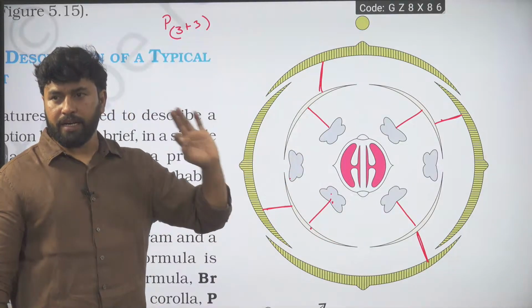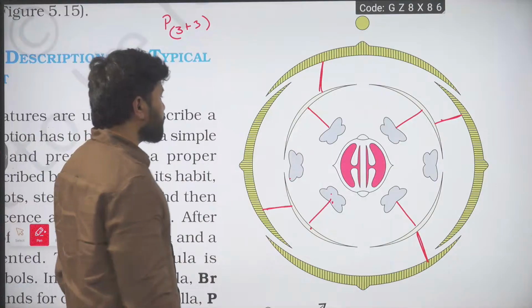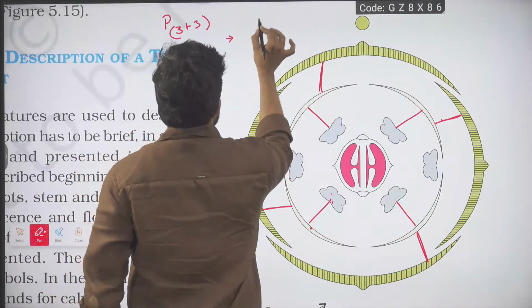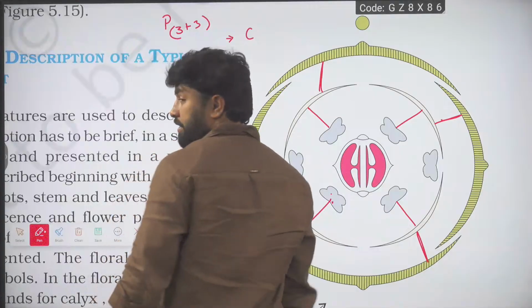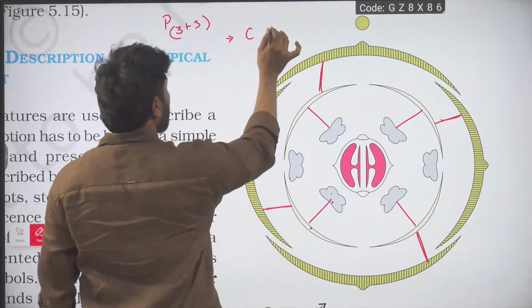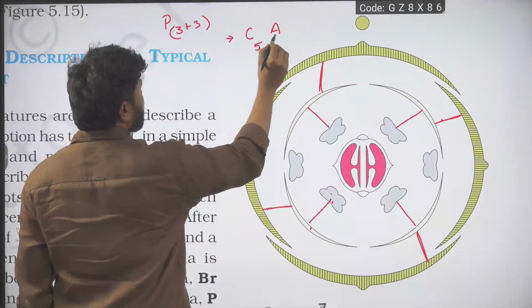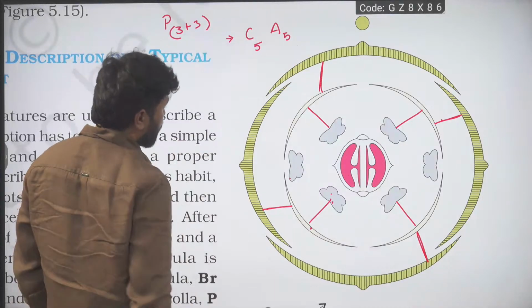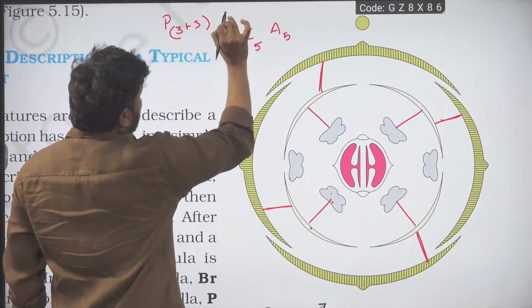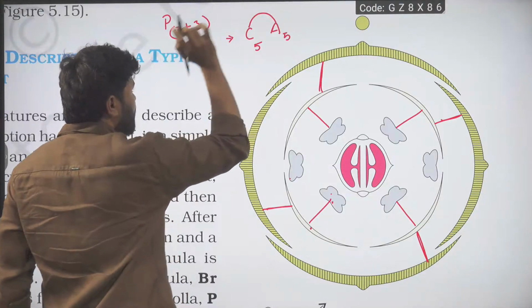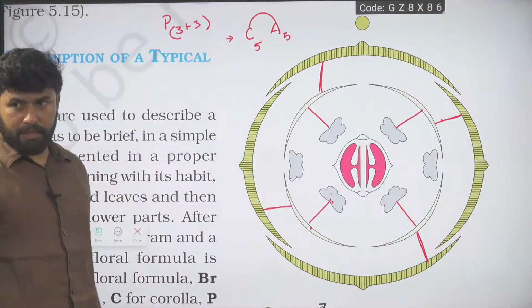This indicates adhesion. In a similar way, there is a condition with petals, corolla and androecium. Petal 5, androecium 5, for example, but the androecium has been attached on the surface of the petal. This condition is called epipetalous stamen.